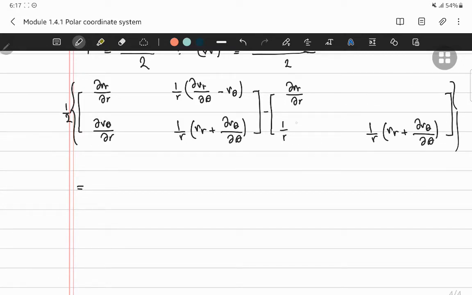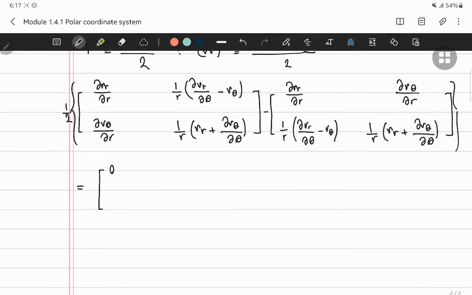1 divided by r, ∂v_r/∂θ minus v_θ. Hopefully I left some space. So this is minus this, which becomes 0.